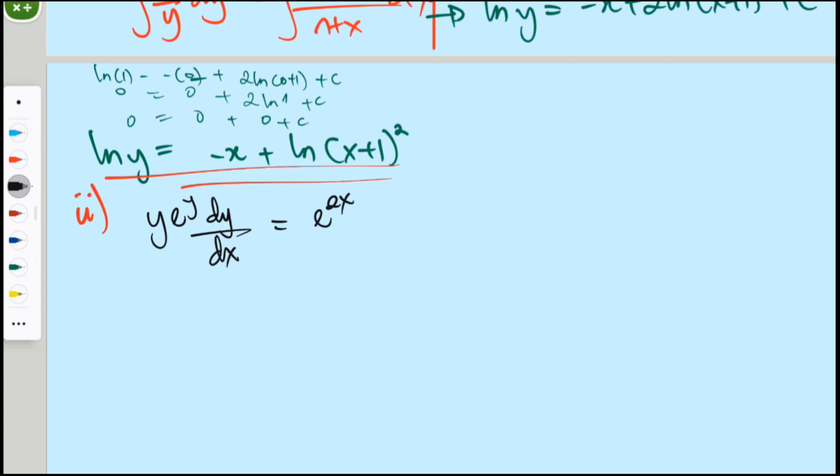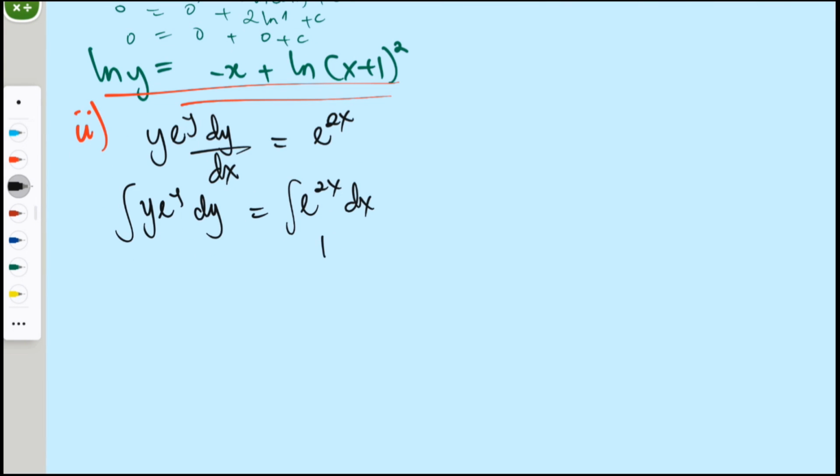So we have to integrate again, rearrange these according to variables. So y will be on this side, and then e to the power 2x dx will be on that side. Integrate them separately. Well, this one looks easier to integrate, so I'm going to start off with that one.